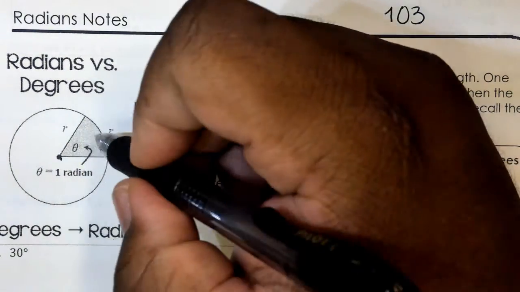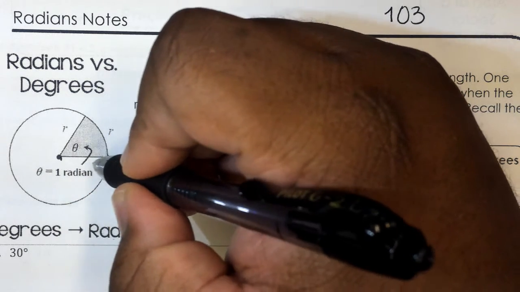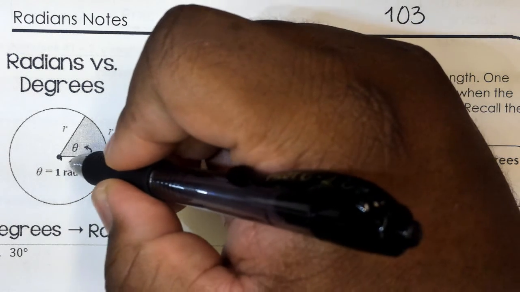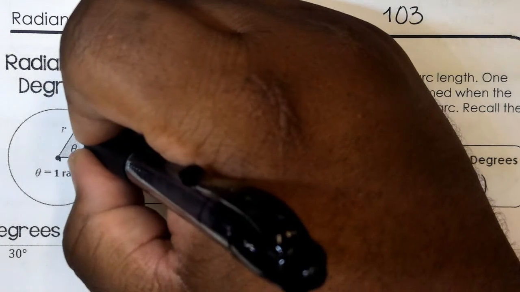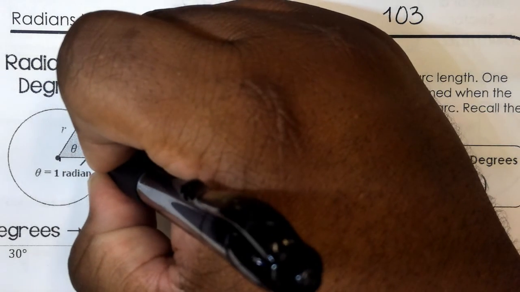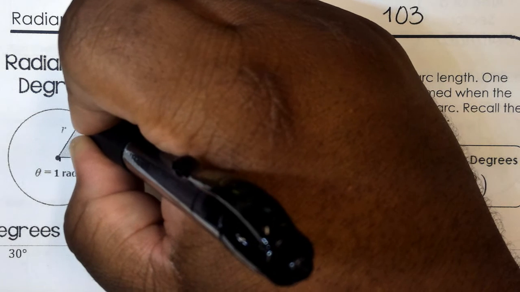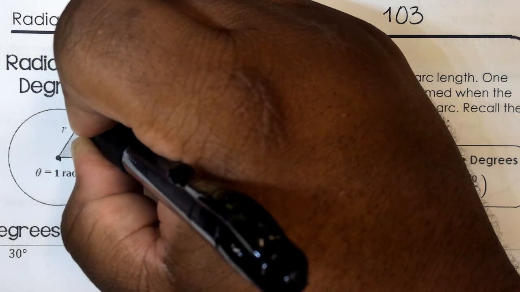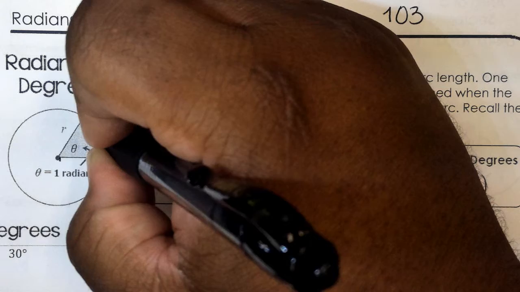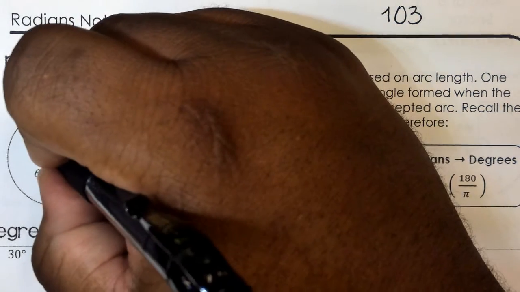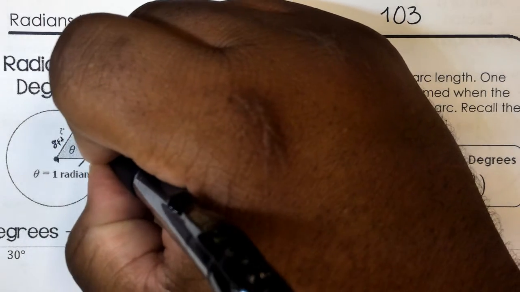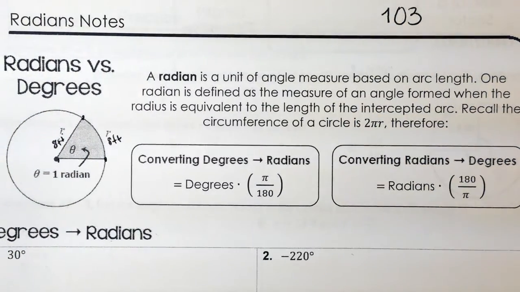So, say I was the radius of any circle, and say my radius is, I'm just making a number up, 8 feet. They're saying 1 radian would be equivalent to 8 feet wrapping around the circle right here. And that's why they got R here and R here. They're saying these two lengths are the same. So if this was 8 feet, this would be 8 feet as well.